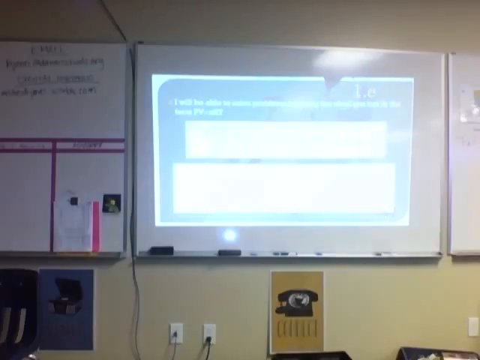1E is solving problems by using the ideal gas law, which is PV equals nRT. And the ideal gas law, or an ideal gas, is when there's no energy lost when gas molecules or atoms collide with each other.